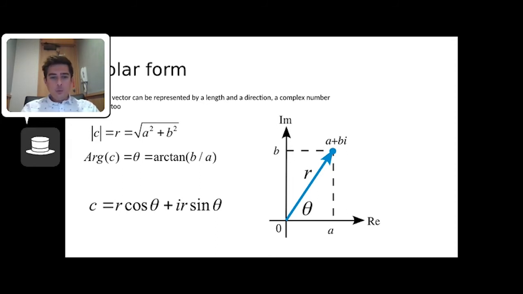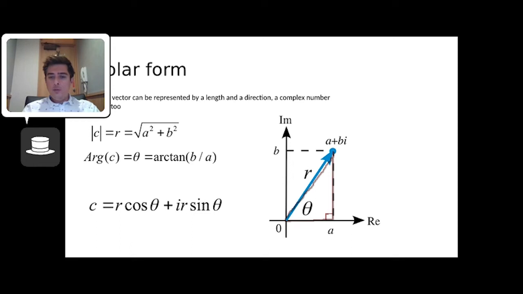For example, this r can be related to the coordinates just through this triangle here. We all know that this is a right-angled triangle, so we can just use Pythagoras' rule.